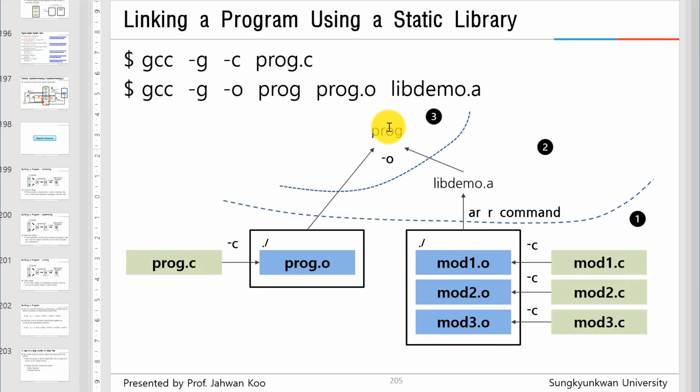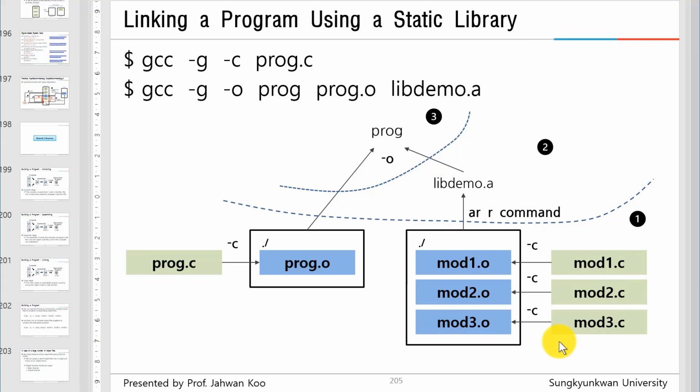This picture shows the overall process of building a program. Once again, there are 3 parts: compiling, creating a static library, and linking. We will use these modules several times because they are very common and very useful modules.